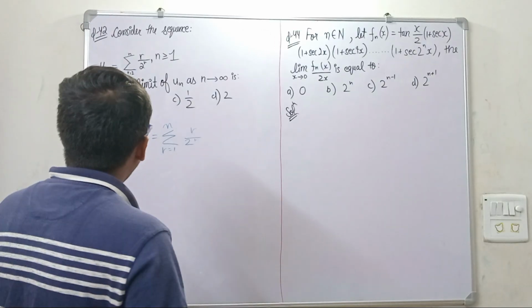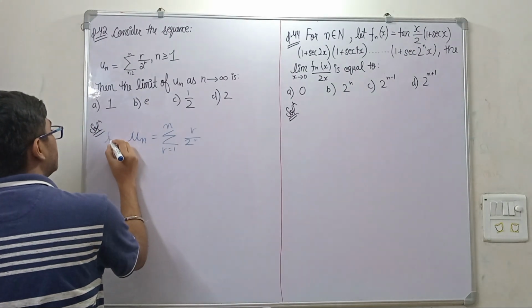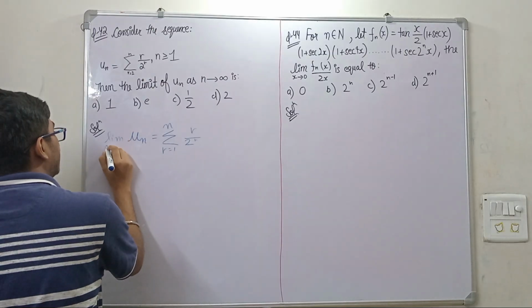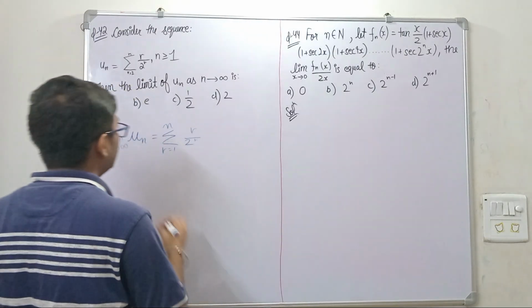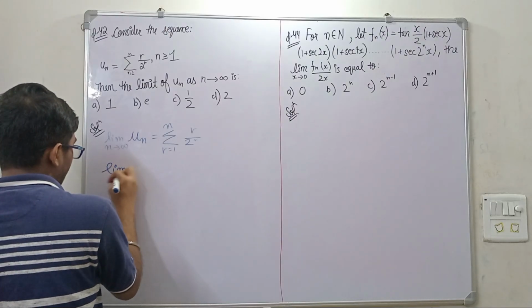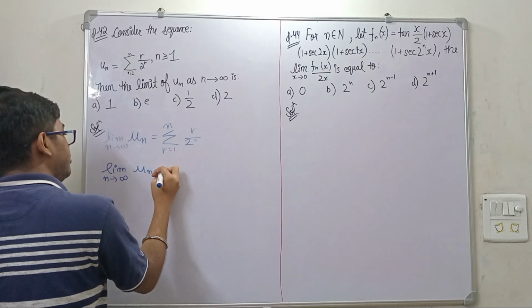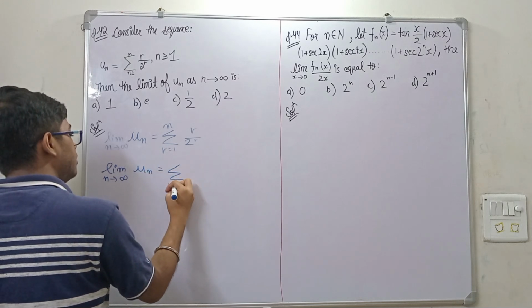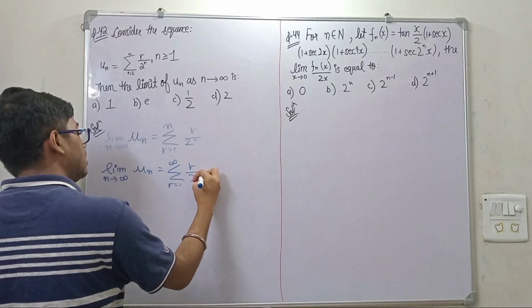Okay, now here n is tending to infinity, so let us substitute infinity here. So your series is coming out to be limit n tends to infinity u_n equals summation r equals 1 to infinity of r upon 2 to the power r.